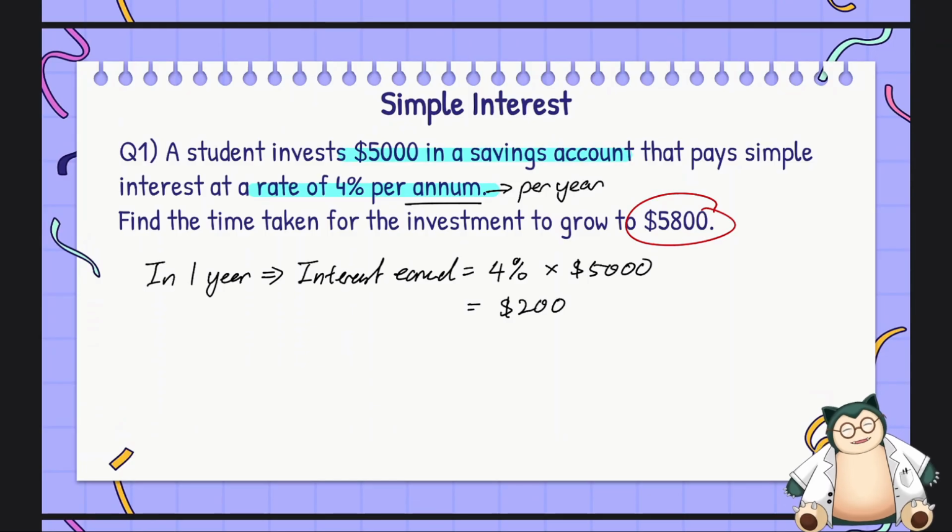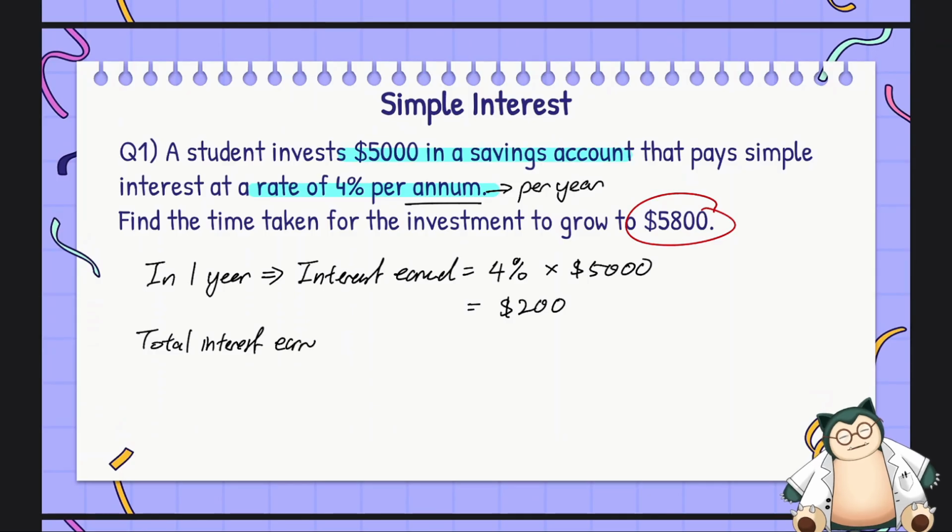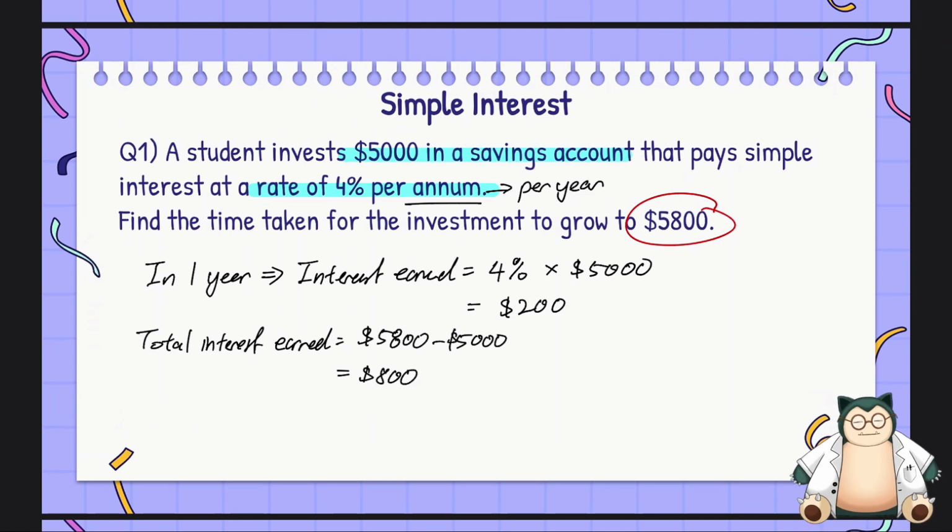In the question, it says that he has a total amount of $5,800. So the total interest earned would be 5,800 minus your initial amount of $5,000, which gives us $800. We're getting somewhere.